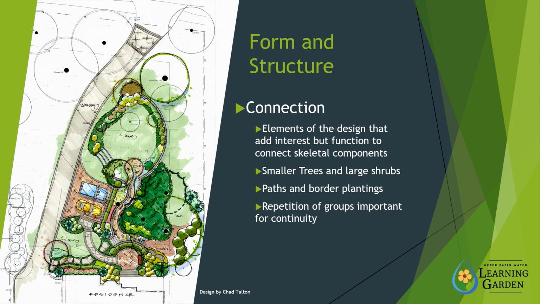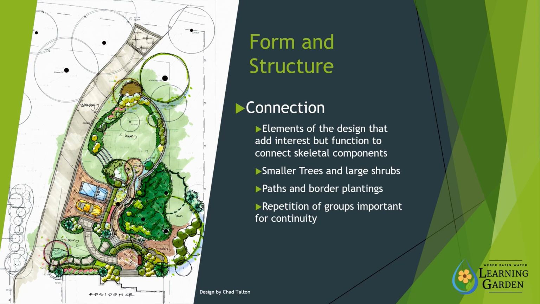After you've decided where your structural elements are, we need a way to connect those. And so we'll use different elements, different plants, to connect one unique structural element of your design to each other. There are different things that you can do to do that.